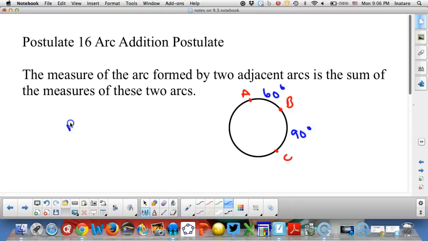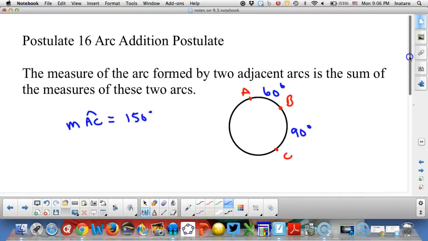What would be the measure of arc AC? Well, because these are 2 adjacent arcs, they share a common endpoint of B, then the measure of the entire arc from A to C would be the sum of the 2 pieces. The measure of arc AC would be 150 degrees. That's the arc addition postulate, just like the segment addition postulate and the angle addition postulate.